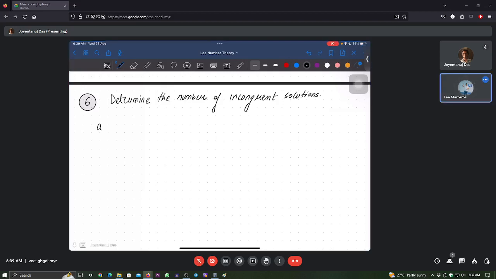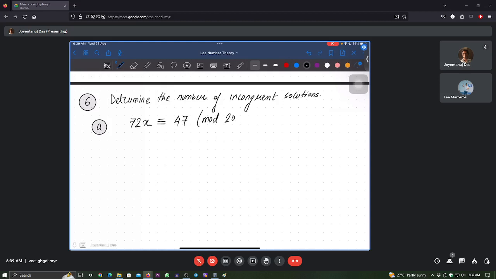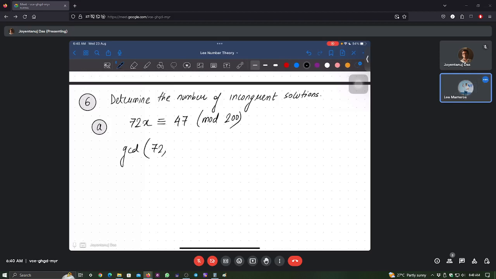So the first part is 72x is congruent to 47 modulo 200. We do the GCD. 47 is prime, right? So the GCD of 72 and 200 must divide 47, otherwise there's no solution.